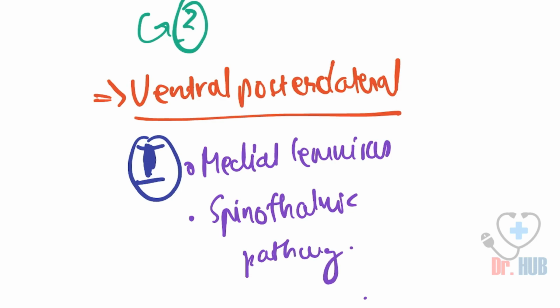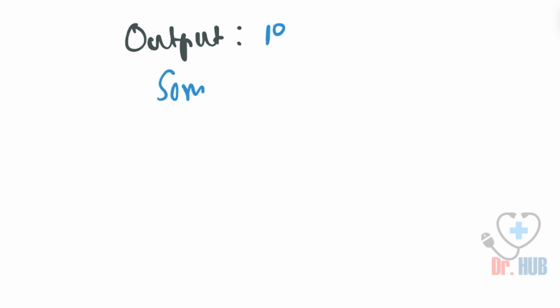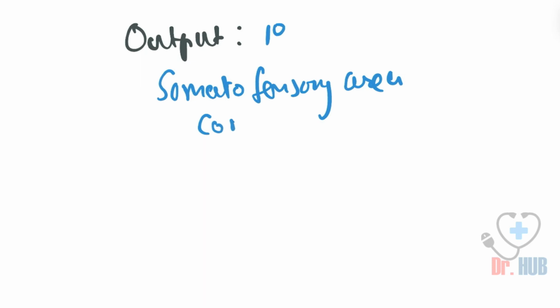These are the inputs of the ventroposterolateral. And what is the output? The output here is the primary somatosensory area of the cortex.